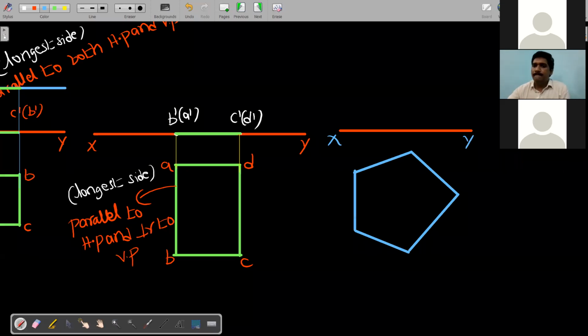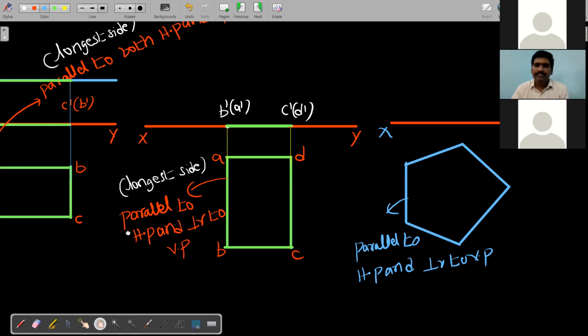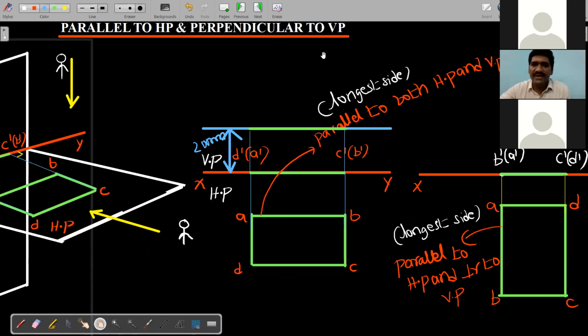Now this side is parallel to HP, that is okay, and perpendicular to VP. That is the case. Understand, Vijeta? Right. Any more doubts, you can ask all of you. Everybody, if you have any doubts, you can just ask.